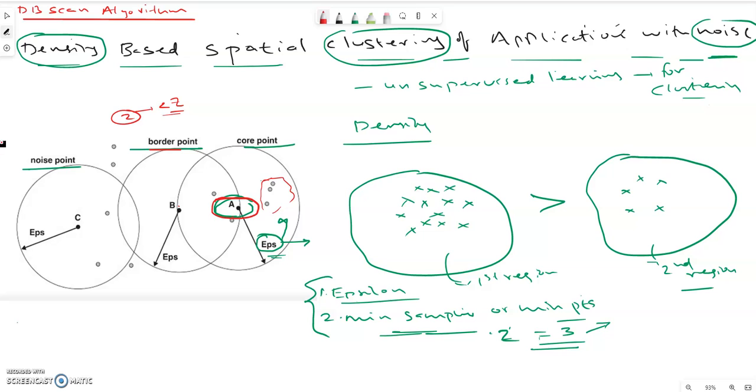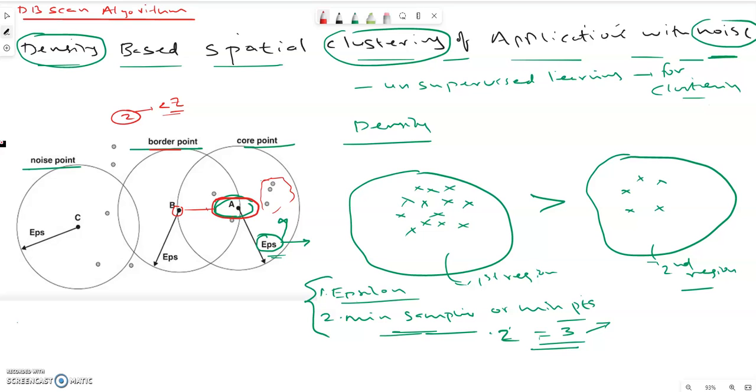So this point is in the neighborhood of the core point, and also it has fewer data points than Z. So it satisfies these conditions, so we call this a border point.